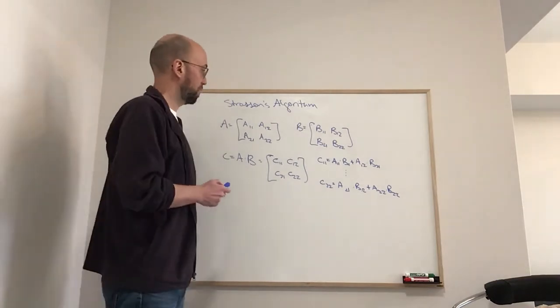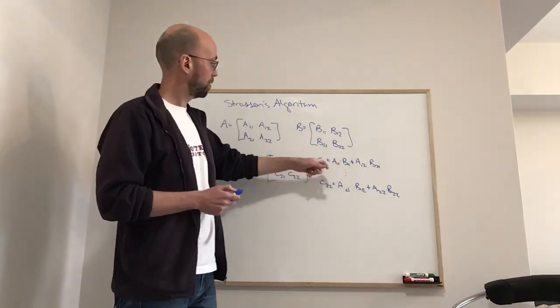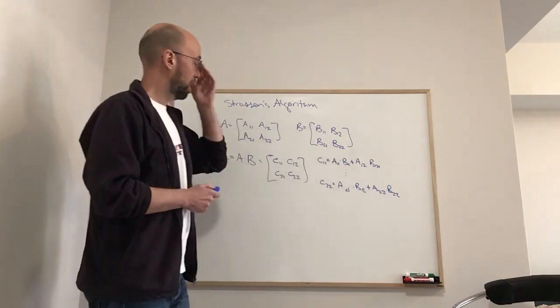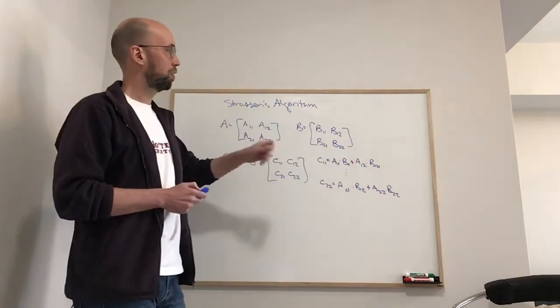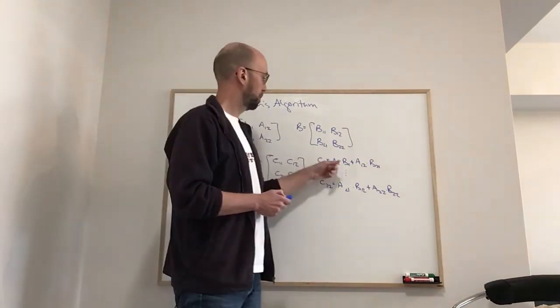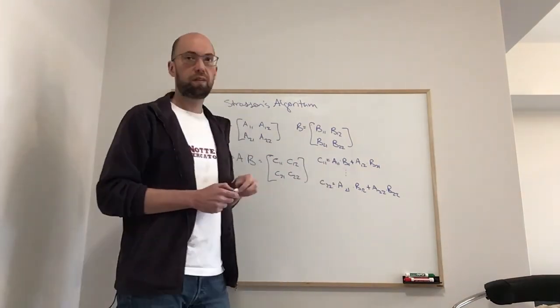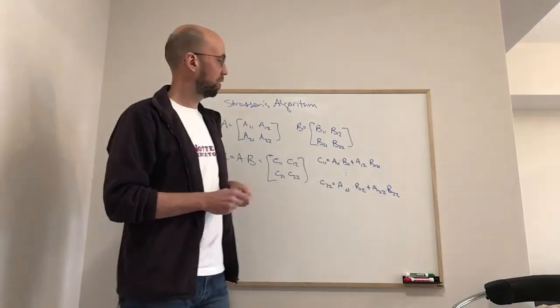So how bad is this going to be? Well, this is going to be n over 2 cubed, and you're doing 8 of these.